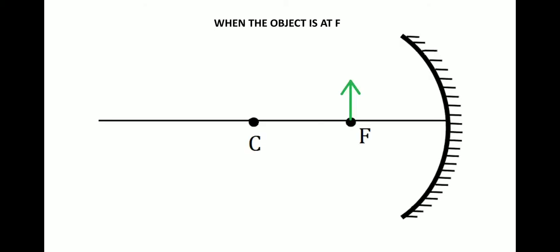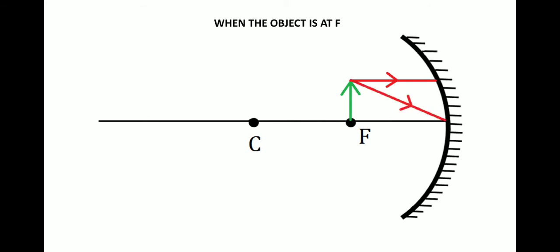In the next case, again we move further, closer towards the mirror. The object is at the focus. So the object lies on the focus. Now, as already been said, one of the rays will be parallel to the principal axis, and the other one will be incident at the pole.